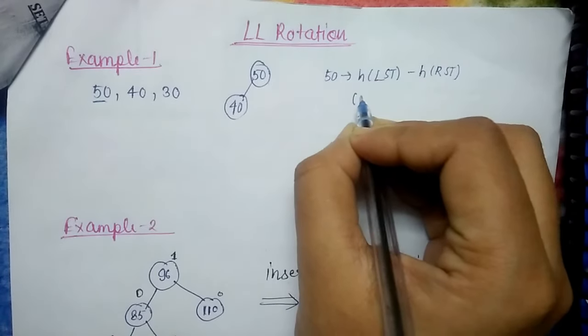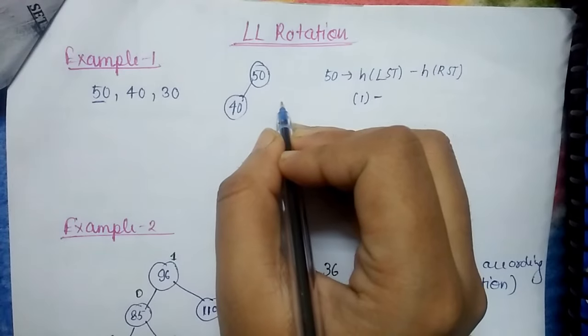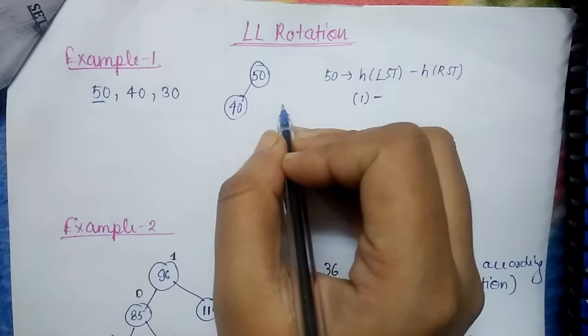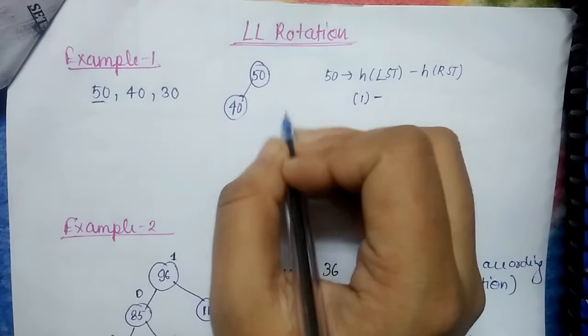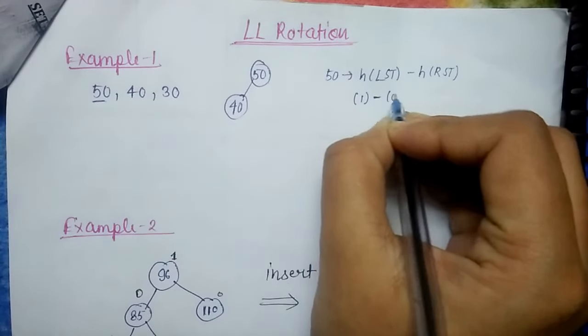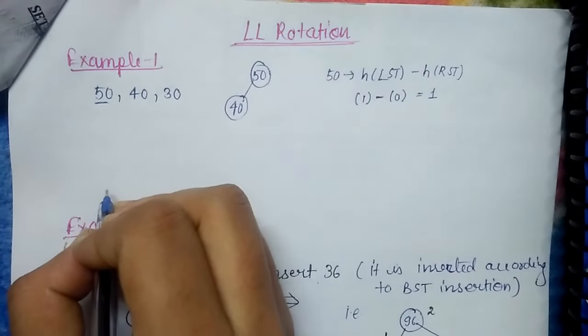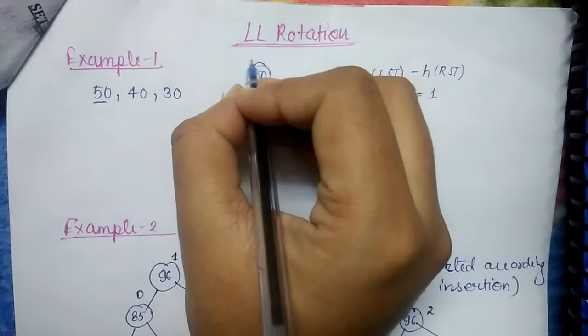So the height of the left subtree is 1, minus the height of the right subtree. There is no node present in the right subtree, so the height of the right subtree is 0. So the balance factor of 50 will be 1.